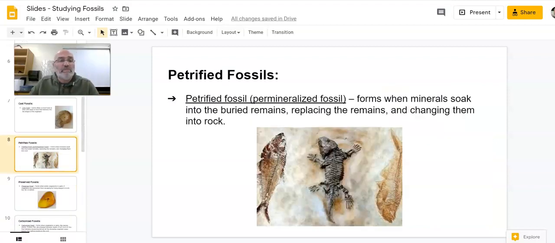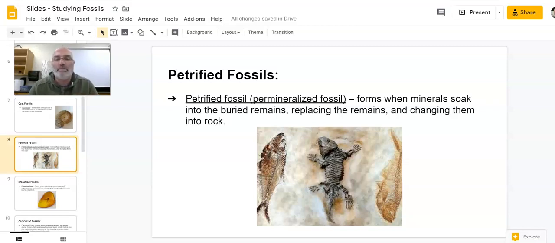So let's look at two more types of fossils. Another type of fossil is called a petrified fossil. Now here's what happens with a petrified fossil. An organism dies, living organism, plant or animal, and the remains of that organism are buried completely. Now, once the organism is buried completely, minerals soak into those buried remains and they replace the remains completely.